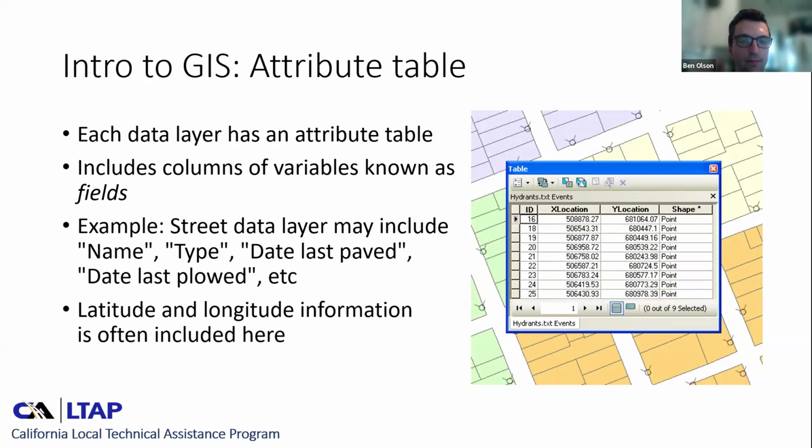If you think about the example of a street, a polyline data layer, the attribute table is just a spreadsheet that's associated with the location component that has additional information such as the street name, the street type, whether it's a road, an avenue, a boulevard, and any sort of other additional information. Maybe the last time it was paved, maybe the last time it was plowed. Attribute tables can contain just any sort of information that is supplementary to just the visual of where the feature is.